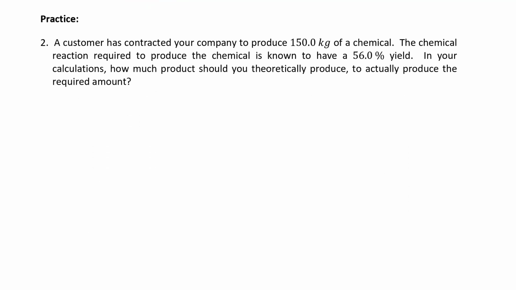Here's a practice problem based on that exact situation. You work for a chemical company. A customer has contracted your company to produce 150 kilograms of a chemical. That chemical reaction is known to have a 56.0% yield. So we want to calculate how much theoretically we need to produce.